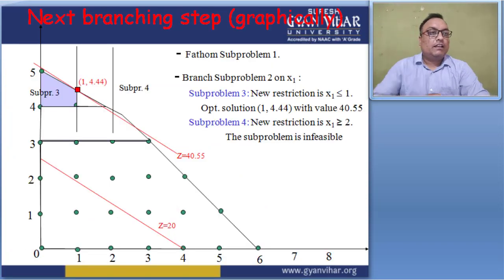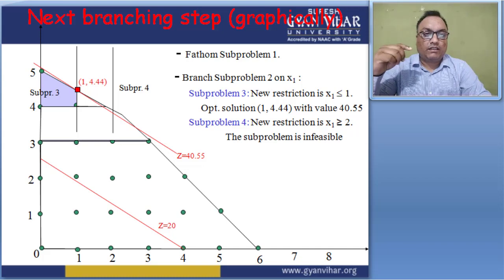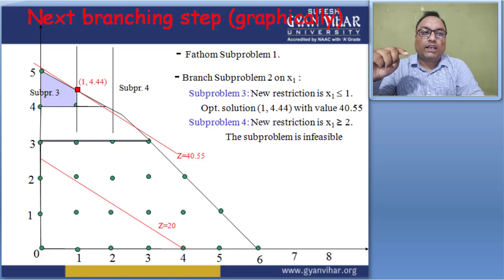In this case, the next branching step is here. Subproblem 1 is divided further; in the last case I chose the x2 variable, but in this case I have taken the x1 variable. So this is subproblem 3, with the new restriction x1 less than or equal to 1.